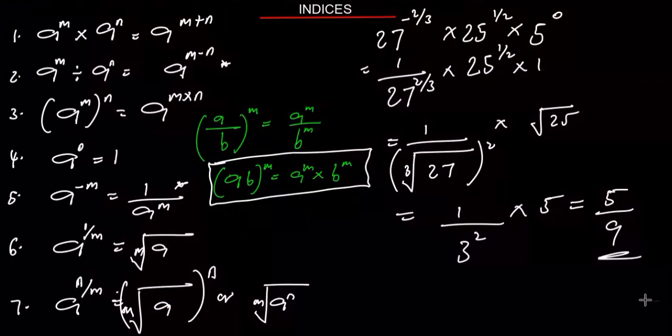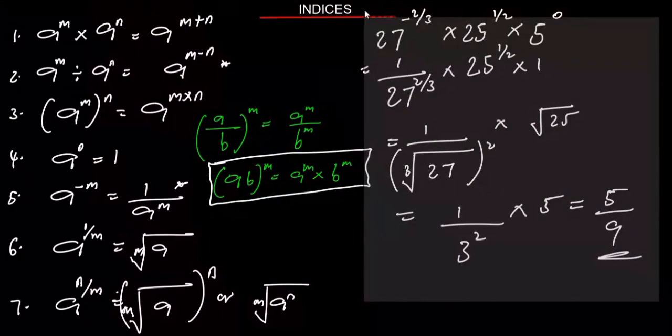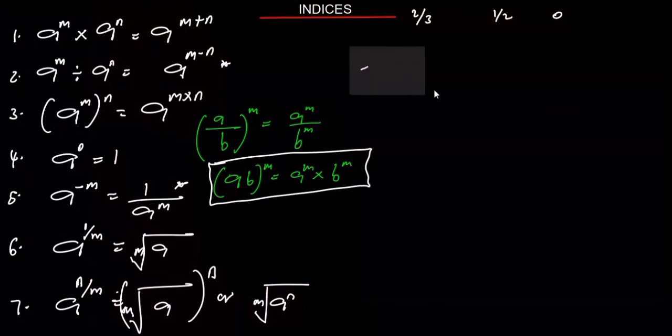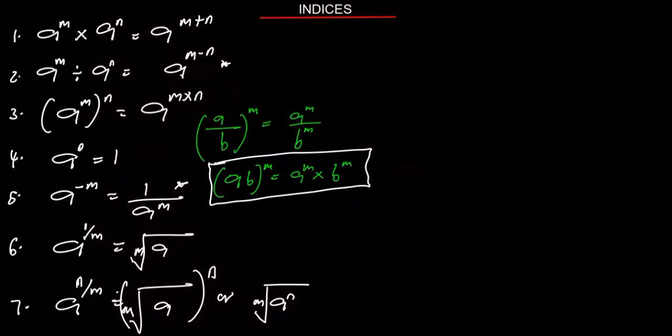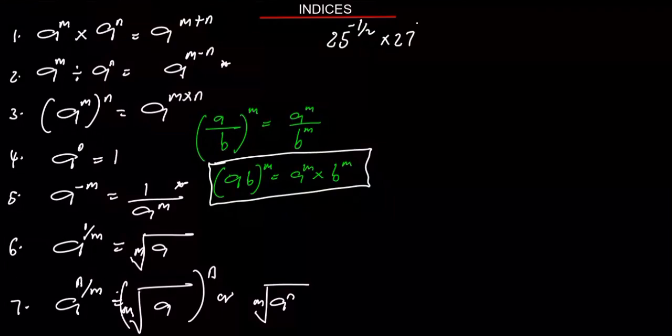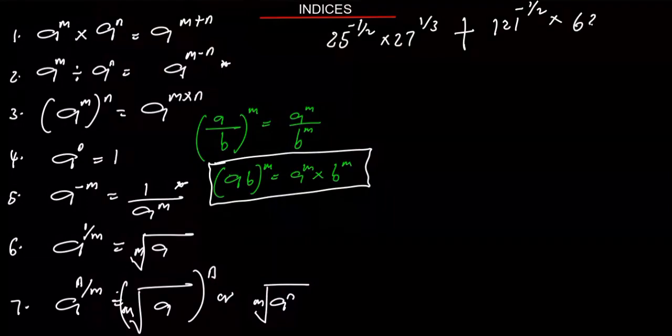Next question. If I have 25 raised to power minus half times 27 raised to power 1 over 3 plus 121 raised to power minus 1 over 2 times 625 raised to the power of minus 1 over 4.